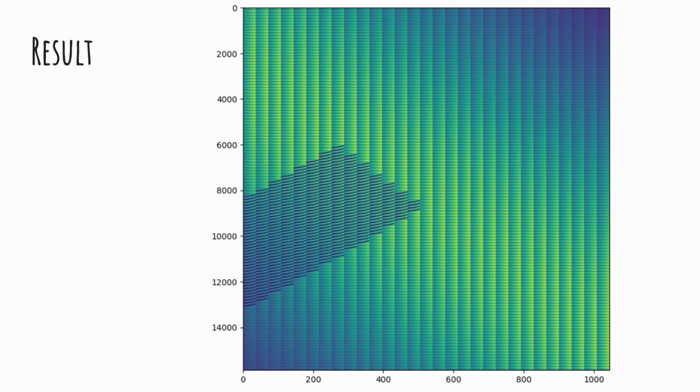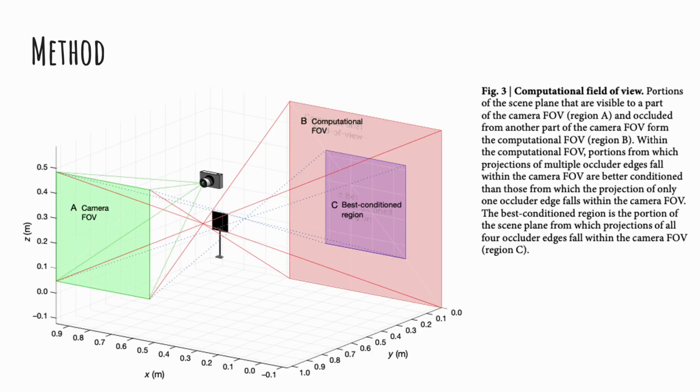So next, I will talk about how to estimate the occluder position. Before we can talk about that, we need to discuss what a computational field of view is. On the left here is a really nice diagram that visualizes this. The computational field of view is the part of the scene that is visible to a part of the camera's field of view, but occluded from another part of the camera's field of view.